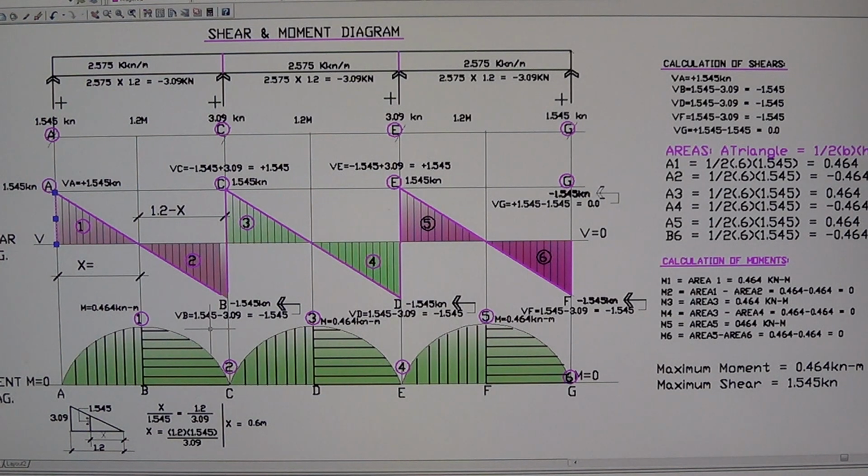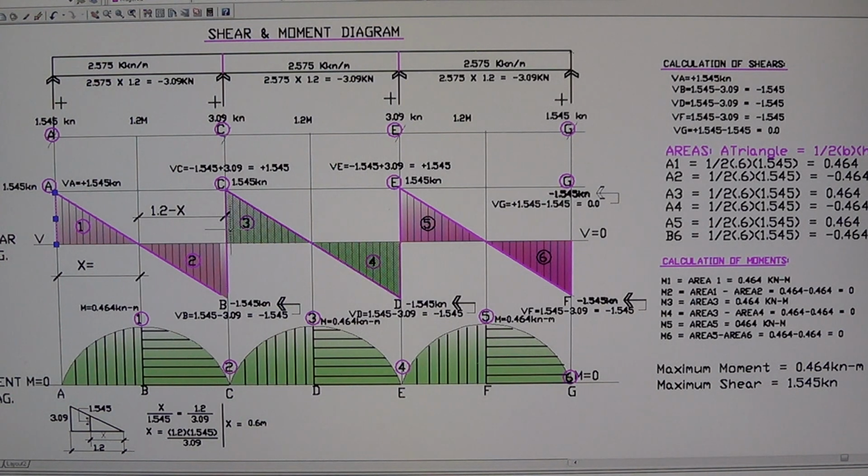You use plus, and then consider the sign. To add two numbers having unlike signs, you take the difference and obtain the sign of the greater number. The sign of the greater number here is negative, therefore the shear at B is negative 1.545. So we have the value there.